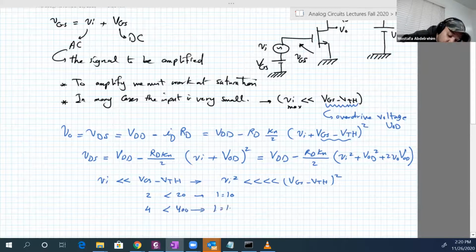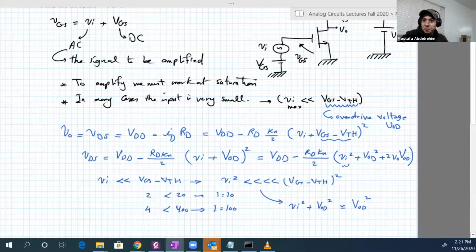The ratio is 1 to 100. So if something is much less than something else, then the square of it will be even much less than the other squared. So if we assume again that the input is very small, we can neglect Vi squared, so Vi squared plus V overdrive squared is approximately V overdrive squared.